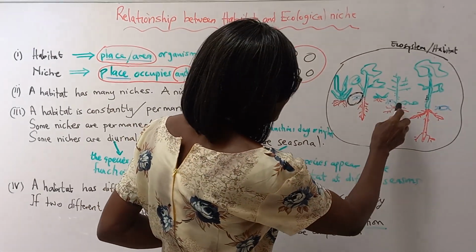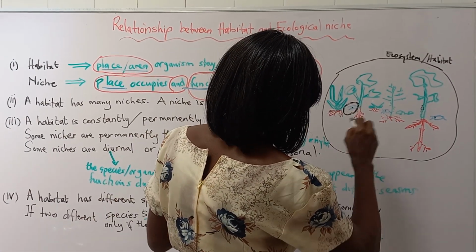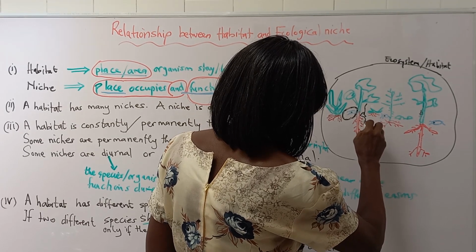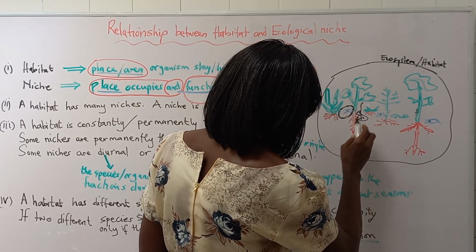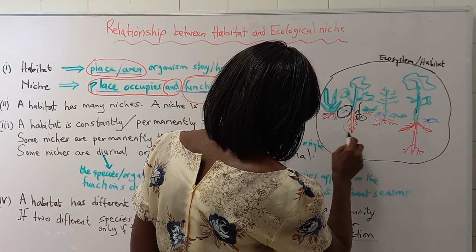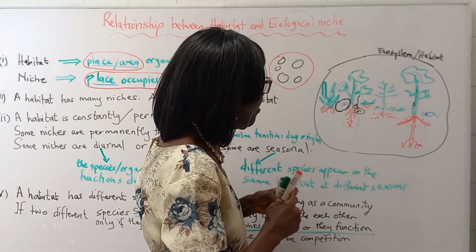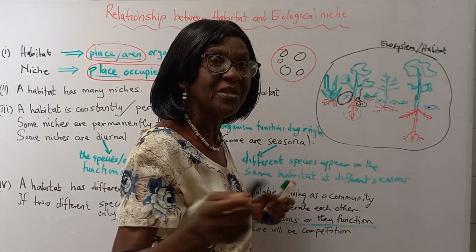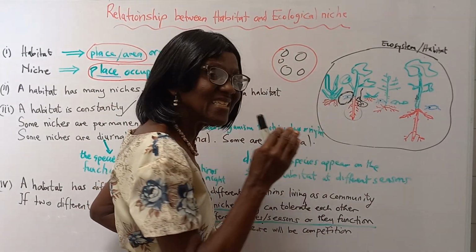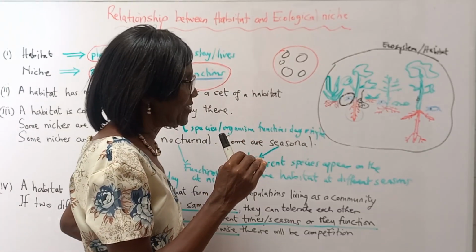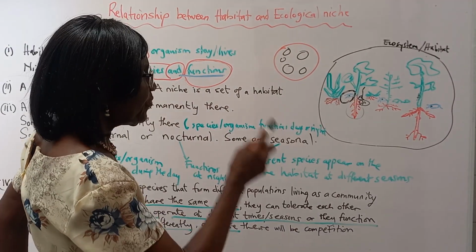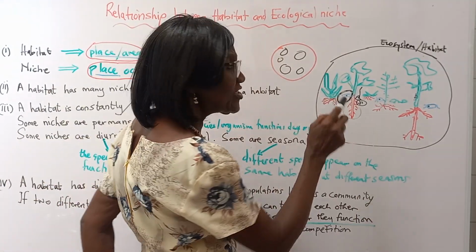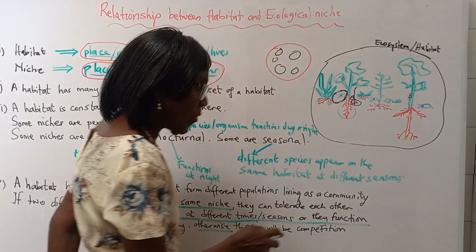Like if there's a plant here and there's another plant very close to it here, the roots of this second plant, where it will absorb, is different from where these roots absorb. So these two plants can share almost the same niche because they are functioning at different levels or at different times. Otherwise, if different species share the same niche, there will be competition.